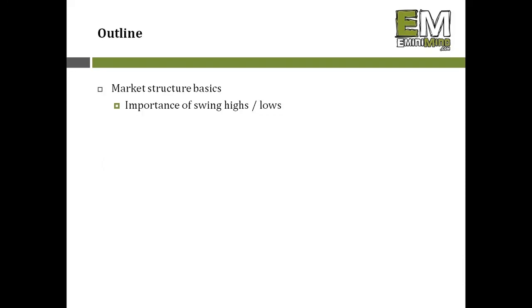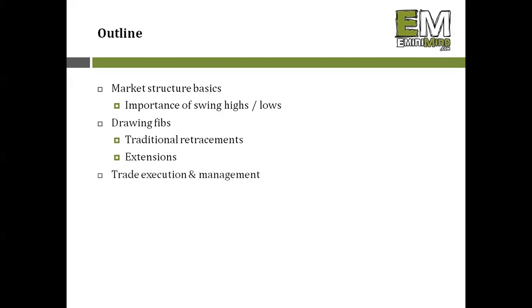Is this a reversal that I want to be getting in on in the new direction? Or is this a pullback that I should be ignoring, and instead get in on the longer-term trend? So we'll get into some of that. We'll talk about drawing fibs, the traditional retracements, and then what are called extensions, as well as the meat and potatoes of execution, and then some things that you can do to manage trades.